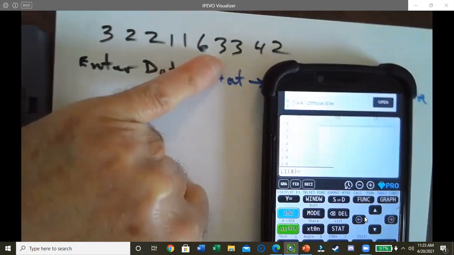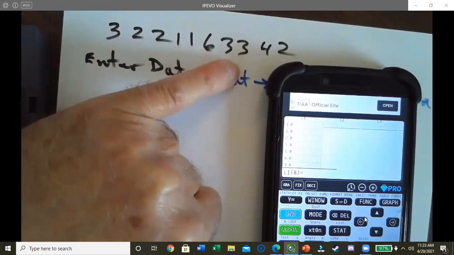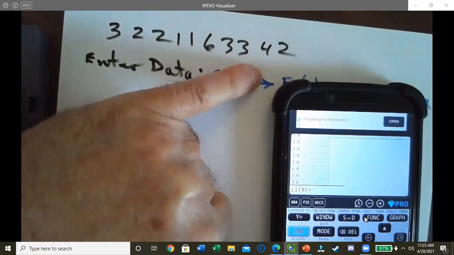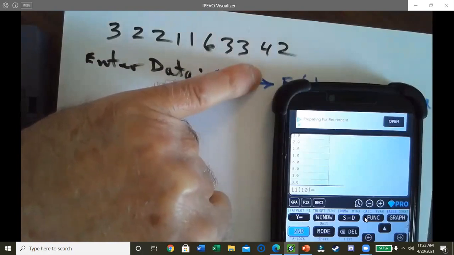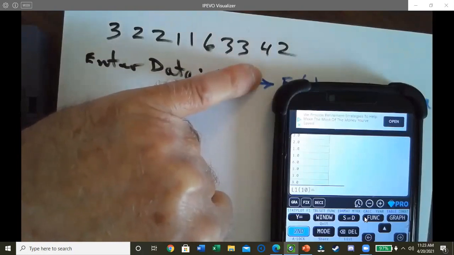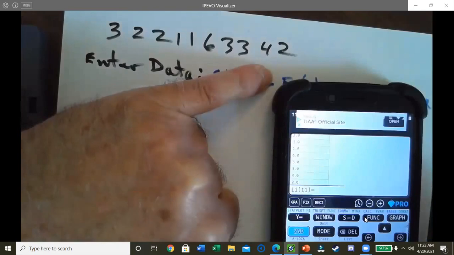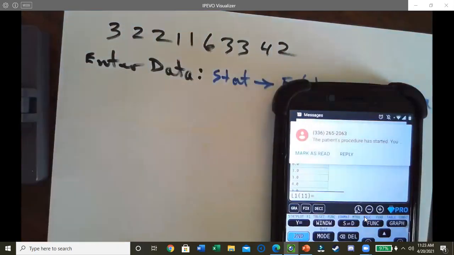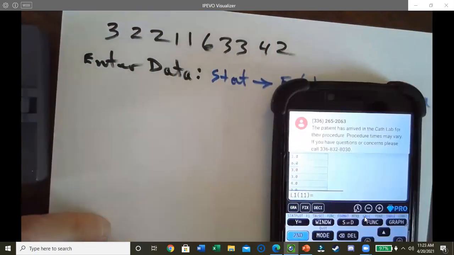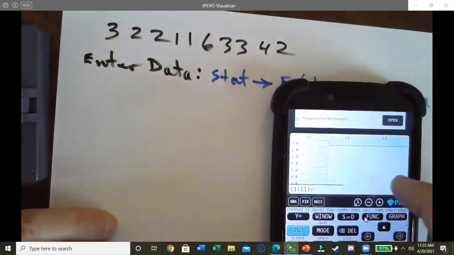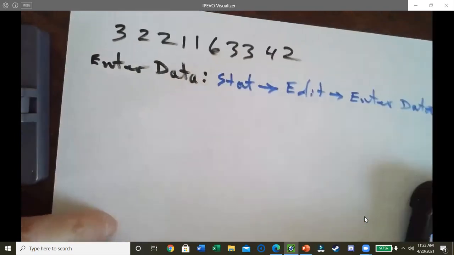So you want to enter this and check it, so that you don't enter your data incorrectly. And then the last one is a 2. Okay, so that's that. So you've entered the data in.